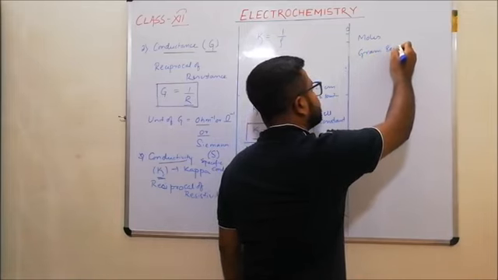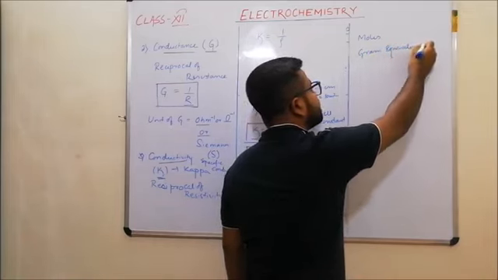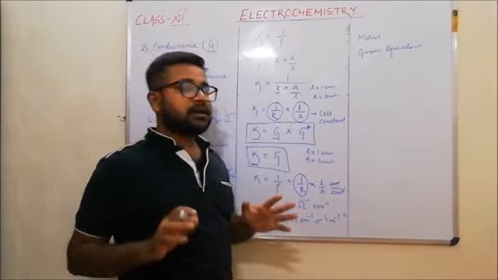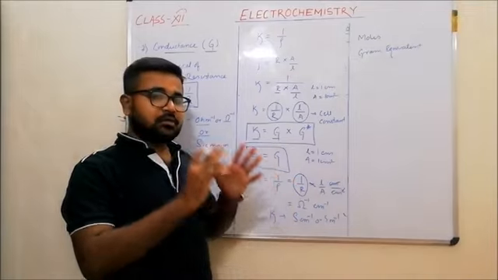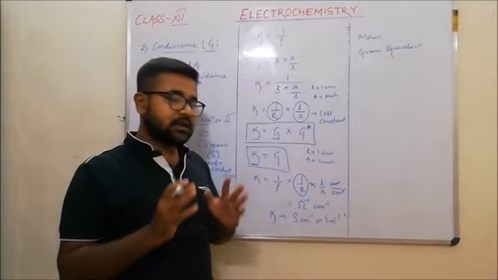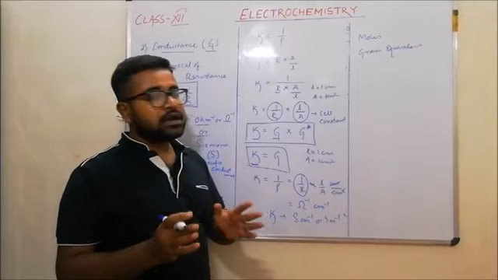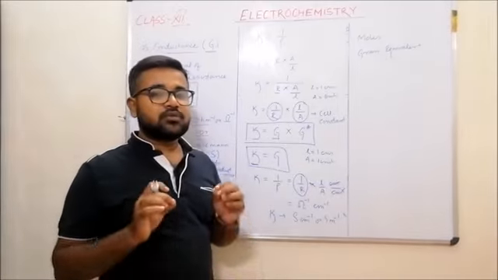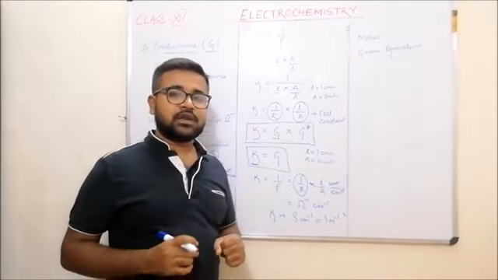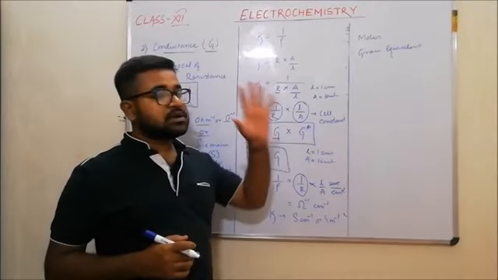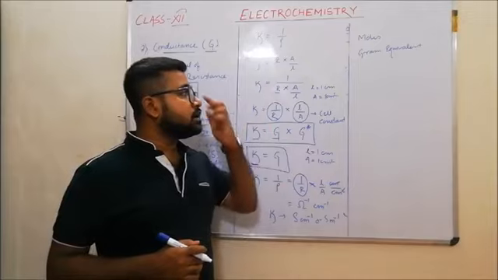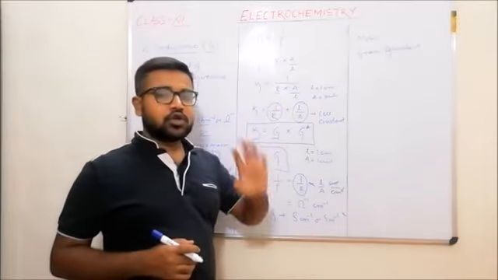Why? Because in the previous chapter, the solution chapter, I already told you that the concentration of the solution can be measured in terms of molarity, that is the number of moles, or in terms of normality. In normality we are using the gram equivalent. Clear?